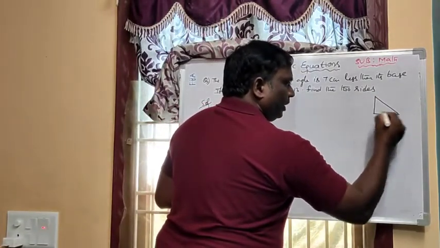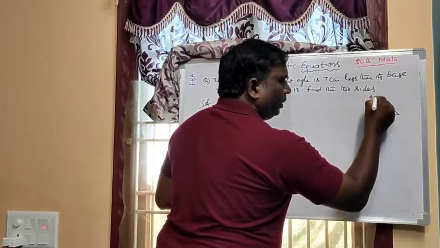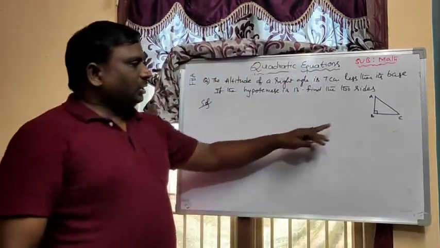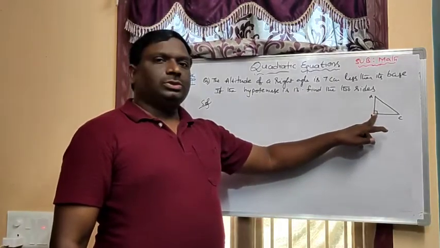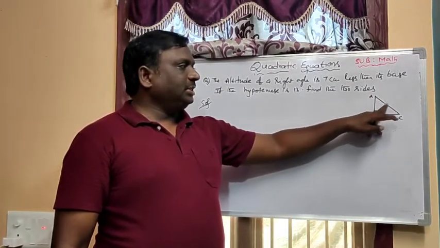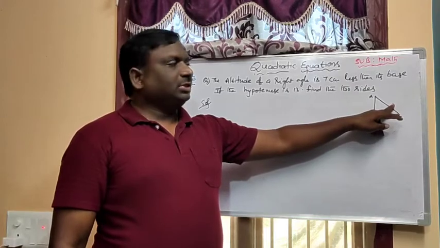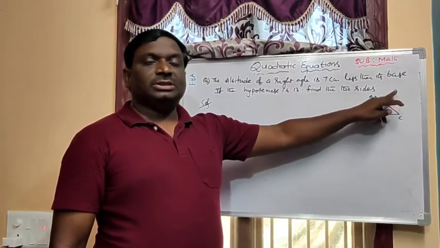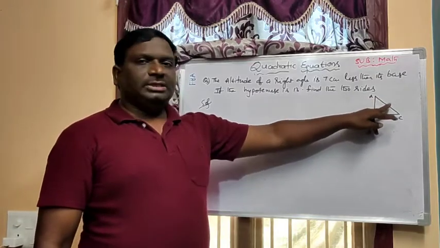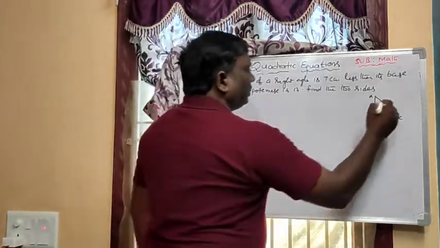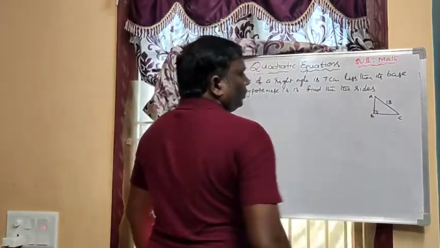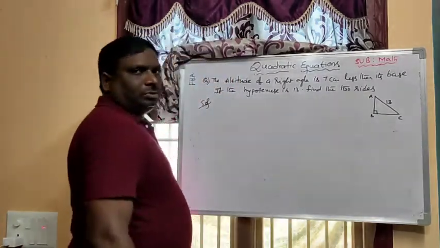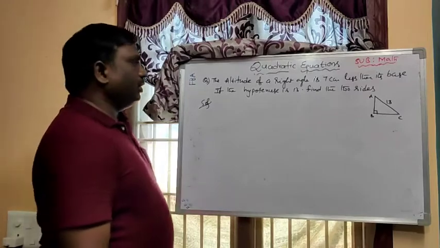So in this right angle triangle, here it is right angle, A, B, C. Always we know that the side opposite to the right angle is hypotenuse. The hypotenuse is 13. And AB is the altitude, the height.